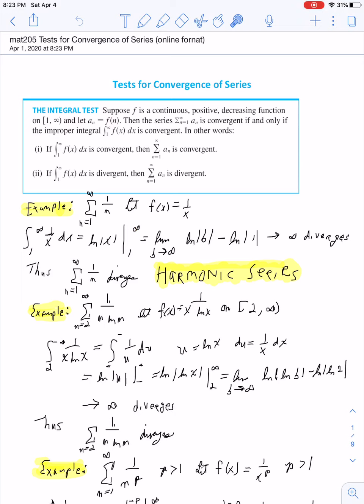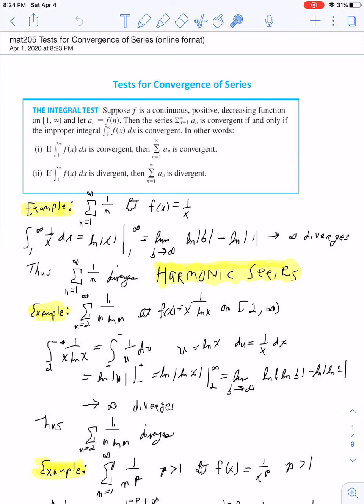That's an improper integral, so I plug in b at the top. ln b minus ln 1. Of course, ln 1 is 0. And so I end up taking the limit as b tends to infinity of ln b. Well, as b tends to infinity, ln b tends to infinity.